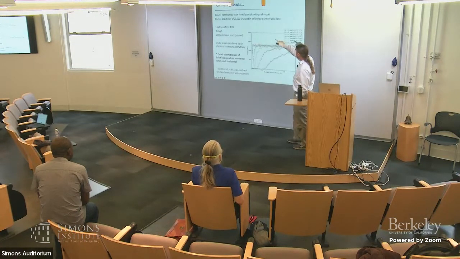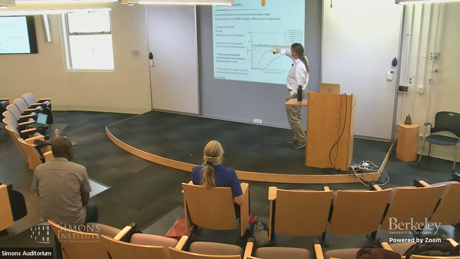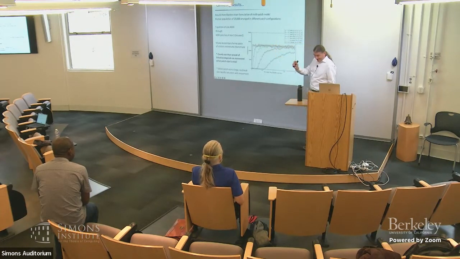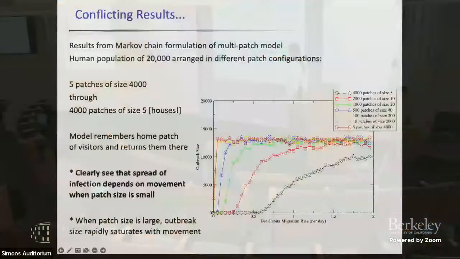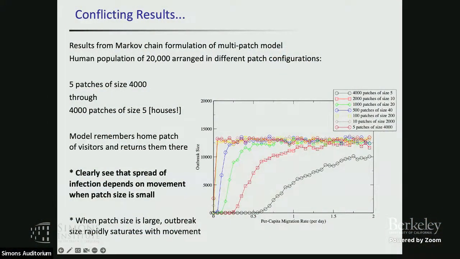What I consider is a human population of 20,000 people, small because the simulations are expensive. I consider different patch configurations. I go from having 5 patches of size 4,000, thinking of modeling the city at the level of health districts, a small number of large patches, down to 4,000 patches of size 5, thinking of houses, a large number of small patches.